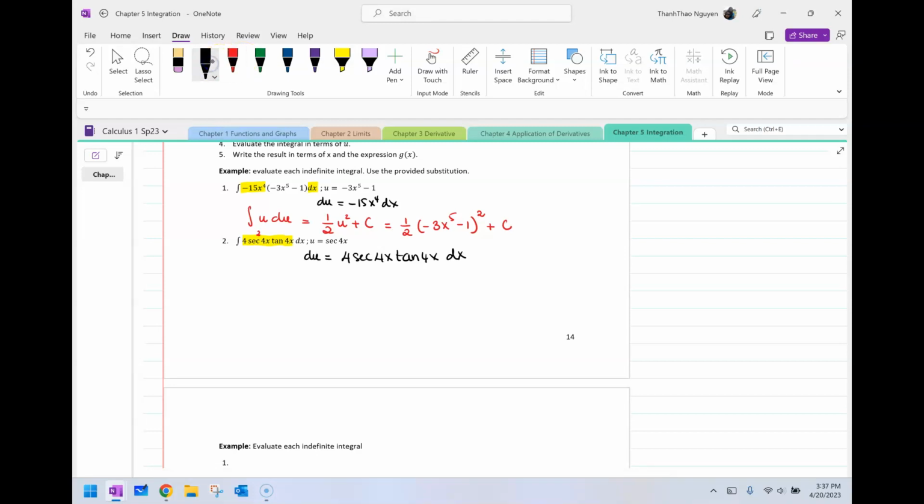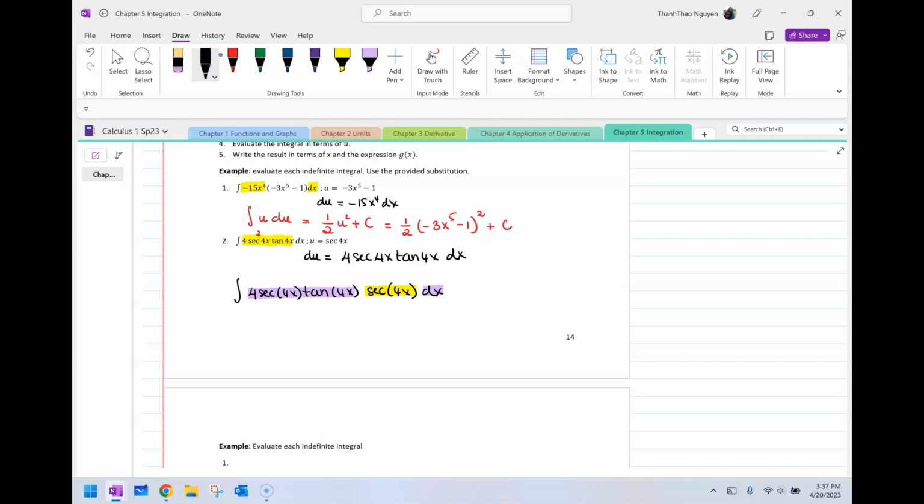Okay, so let's rewrite this. So really you get 4 secant of 4x tangent of 4x. Now because it's a secant squared, we have another secant of 4x dx. So now here we can see this part is u, right? And this part is du, right?